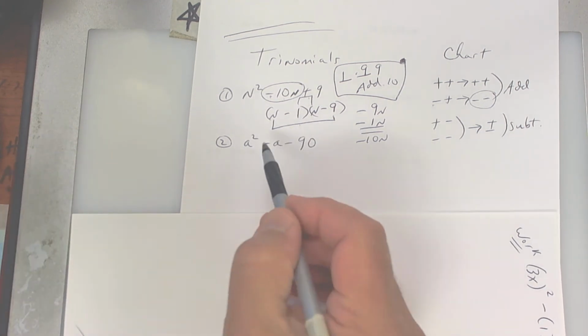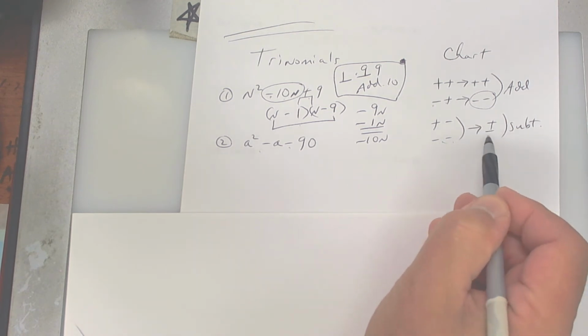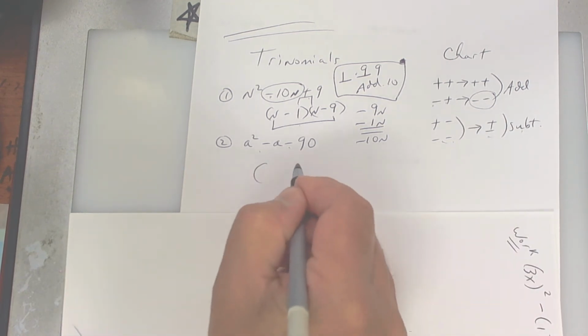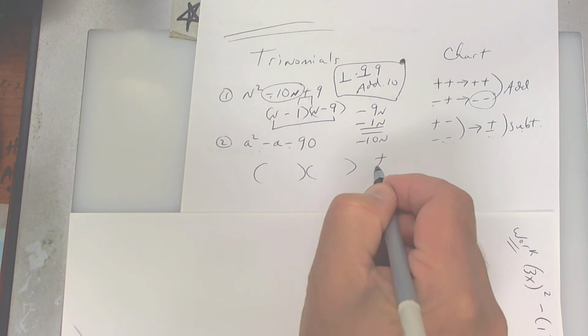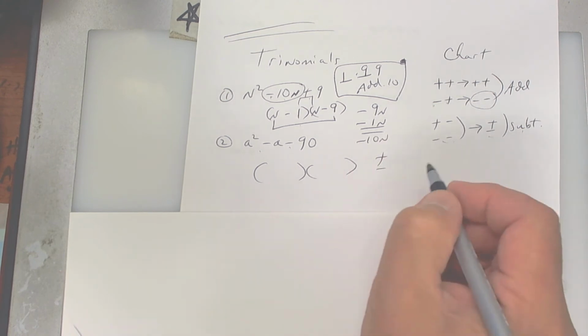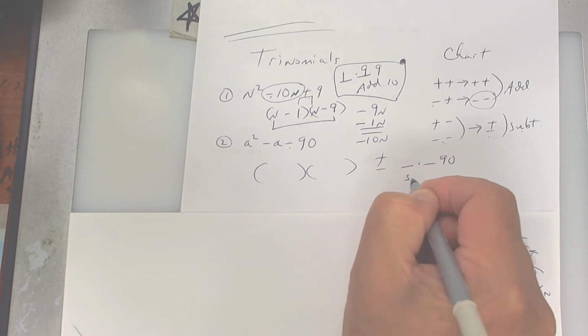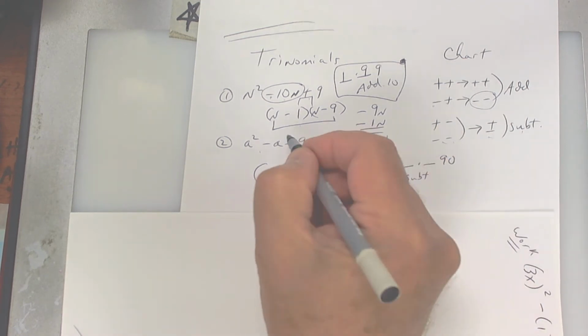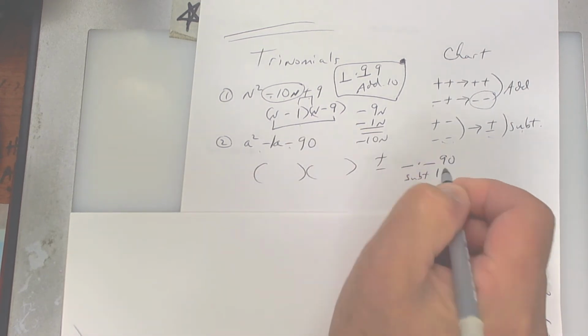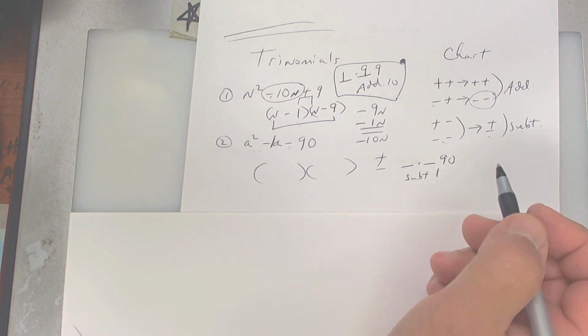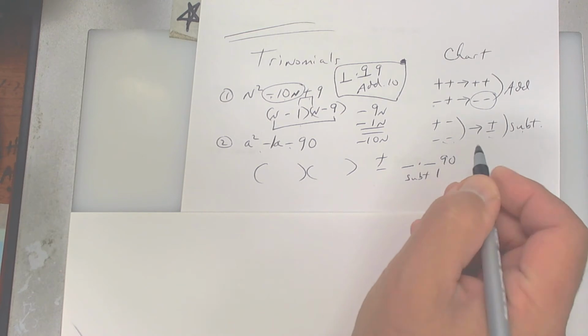This one right here is a negative and a negative. That's this one, so you're going to be subtracting. So one's going to be a plus, and one's going to be a minus. So the question is, what times what is 90? That's going to subtract to give you a 1, because there's a 1 right here. Good question. I'm not sure. 9 times 10.